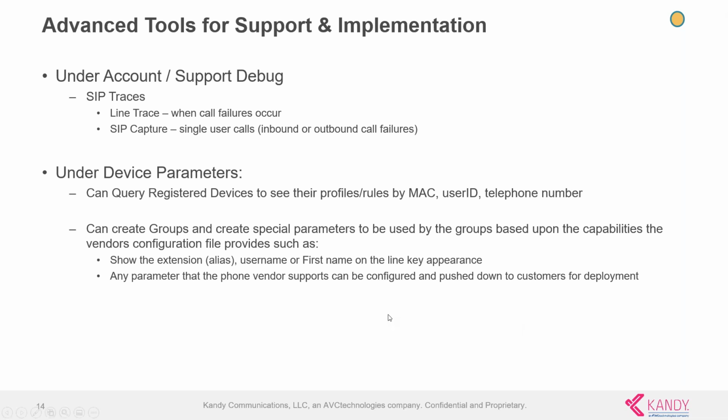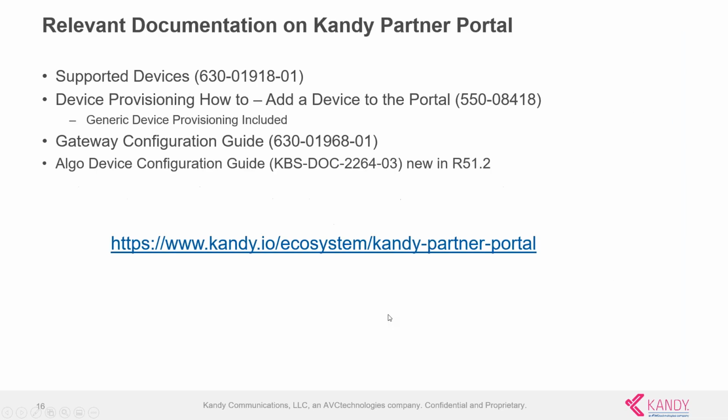Okay. Great. All right, so don't forget, on the Kandy Partner Portal, you can go to kandy.io and go to Ecosystem and Kandy Partner Portal. That's where the instructions are to register, if you haven't already done so, and you can see our documentation, partner and end user documentation.